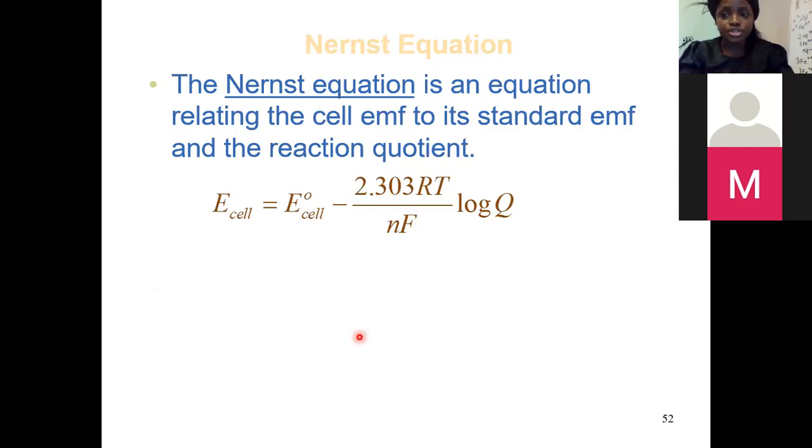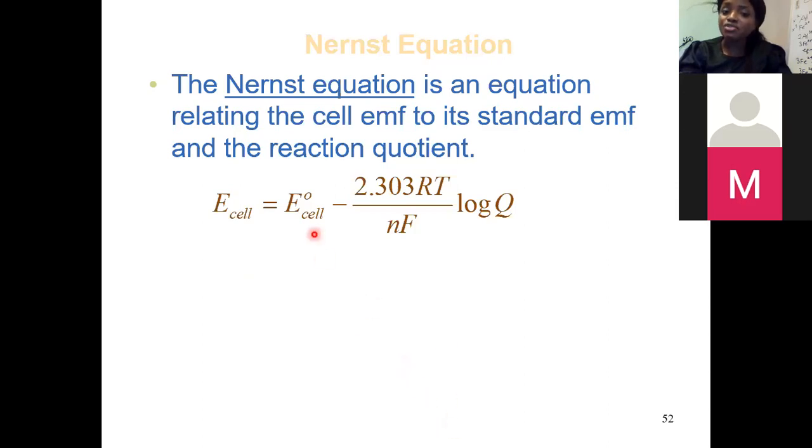We'll quickly go through it in our subsequent class, but this is the next equation for a non-standard state cell. So when you have a cell that is not in its standard state, this is the equation you use for the E value.